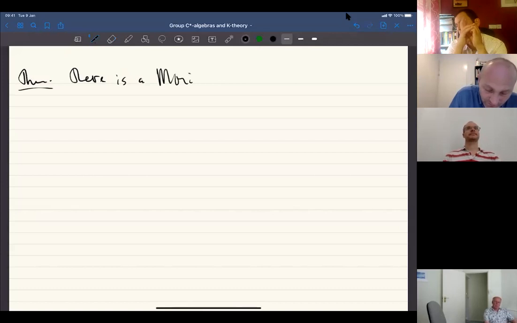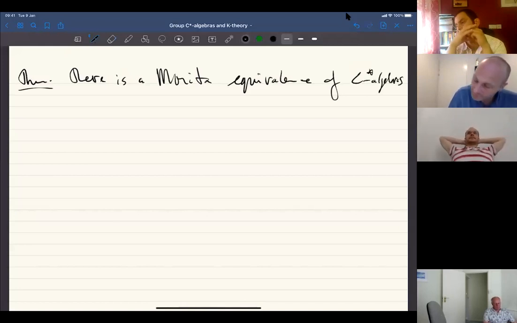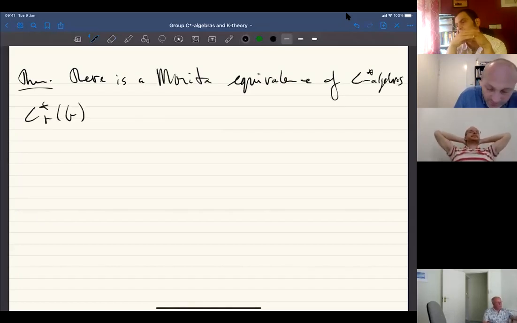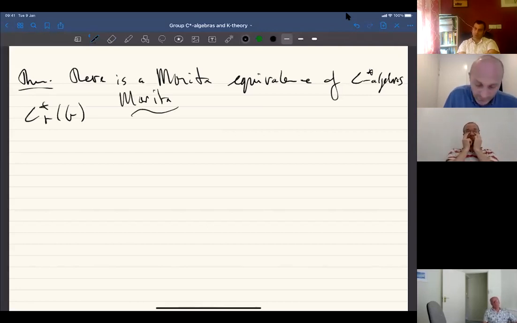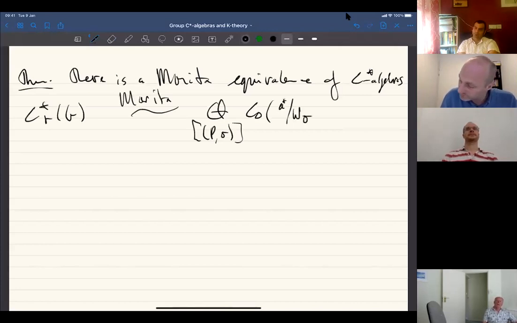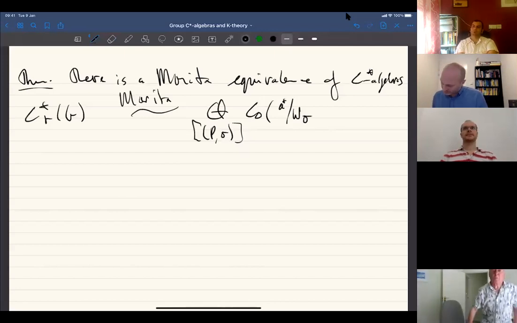a Morita equivalence of C star algebras between C star reduced of G and the sum over equivalence classes of parabolics with C0 A star W sigma, is that right?